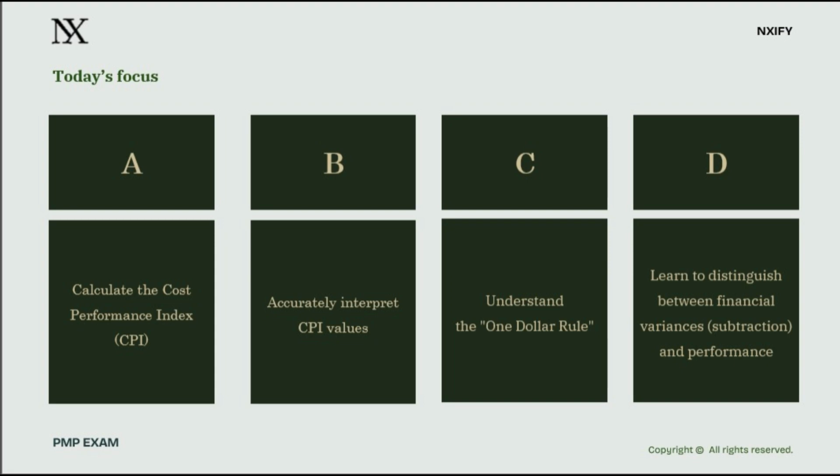It turns a ratio into a sentence anyone can understand. D. Lock in the distinction between variances and indices at the formula level, because on the exam, mixing up subtraction and division is one of the most common and most costly mistakes a candidate can make. Those are the 4 lenses. Now let's bring them all into focus on a real scenario.